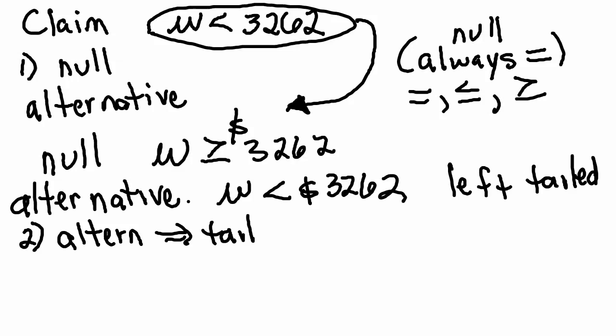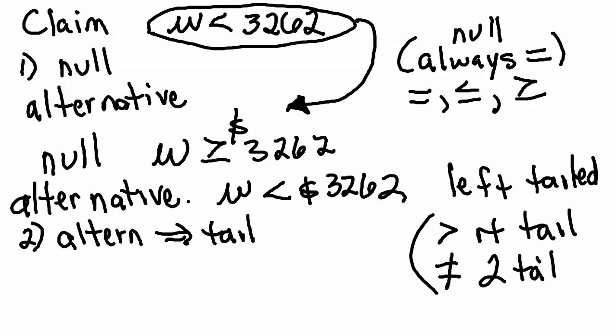If it's greater than, it's right tail, and I'll draw a picture in a minute, and if it's not equal to, then that's two tail. It'll never be equal to because that's the null. The equal goes with the null. So in step 2, the alternative is what tells you what kind of tail it is. Since this is less than, it's pointing to the left, it's left tail.